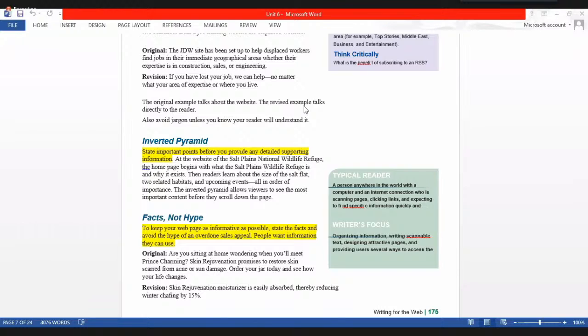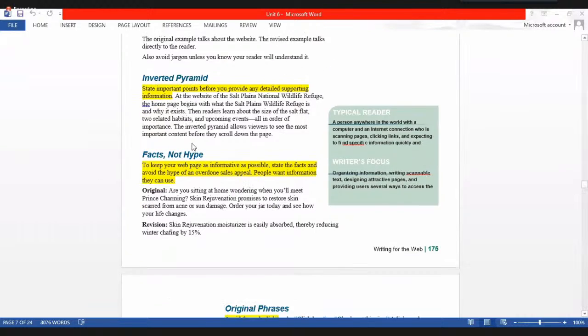So state important points so that the readers will get activated, okay, and then they will start reading further. So first you state important points, and then you give the detailed supporting information. So this is inverted pyramid.